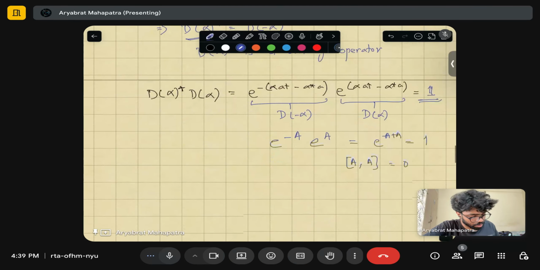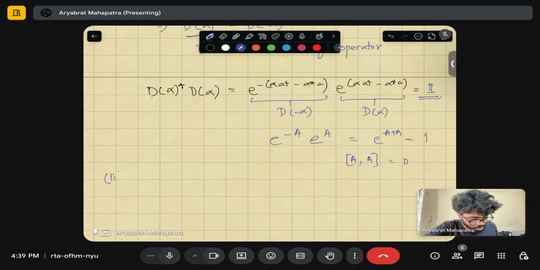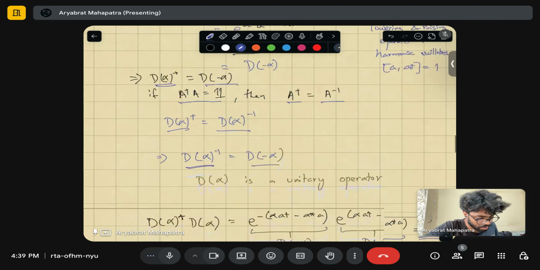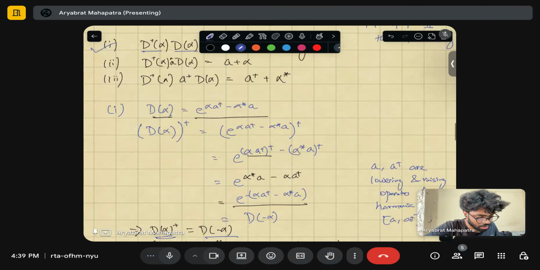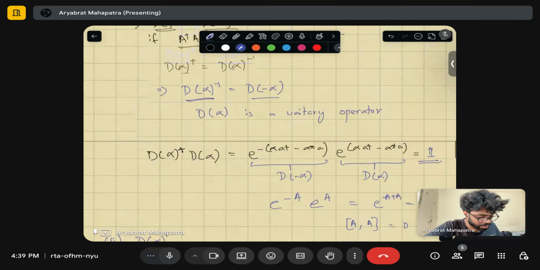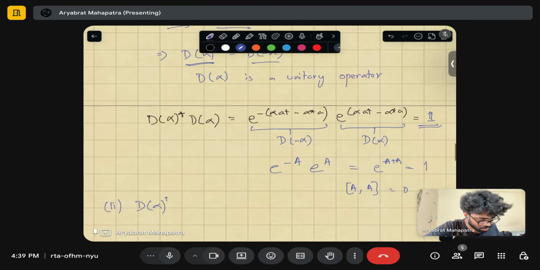So the next you have to prove D of alpha dagger is a plus alpha. Sometimes I'm writing D alpha dagger or sometimes D dagger alpha.